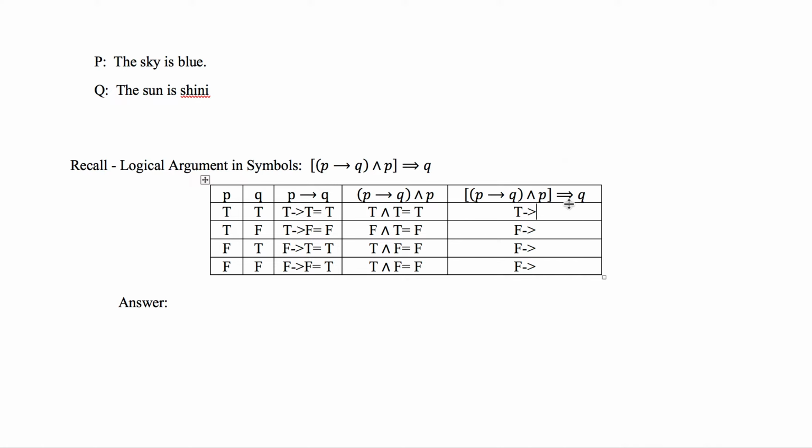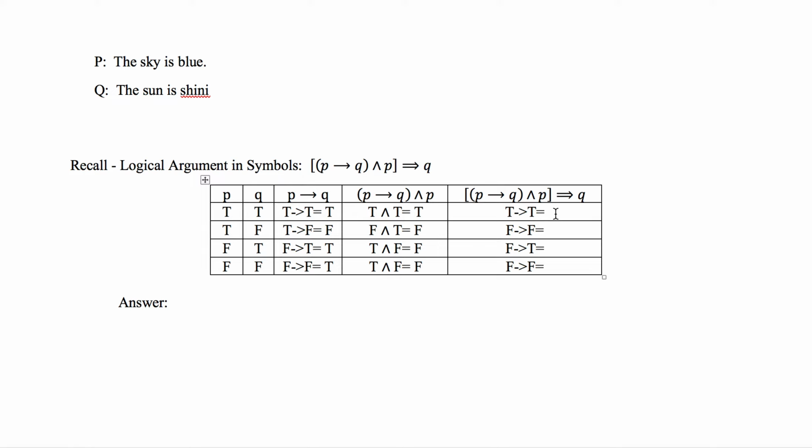And then we're going to copy our Q's. So I'm going to come over here, get the Q column, and copy it right here. So TF, TF. And let's get our answers.